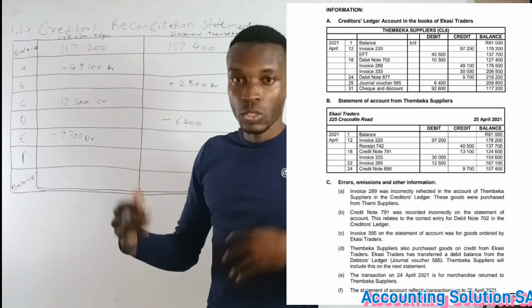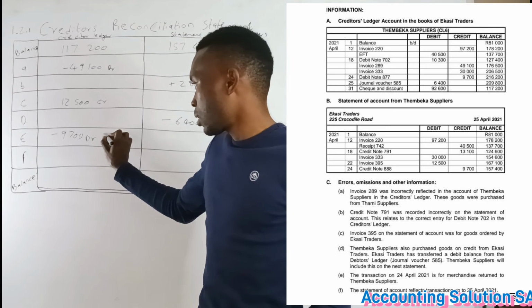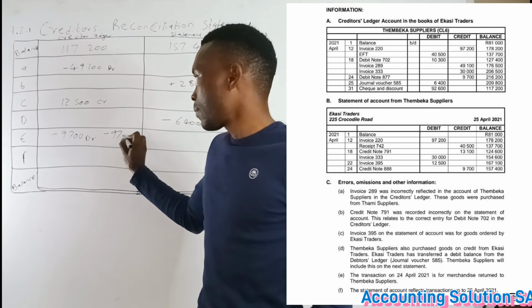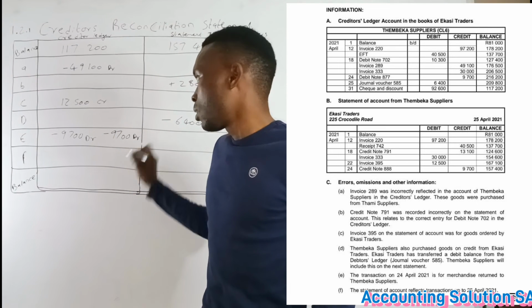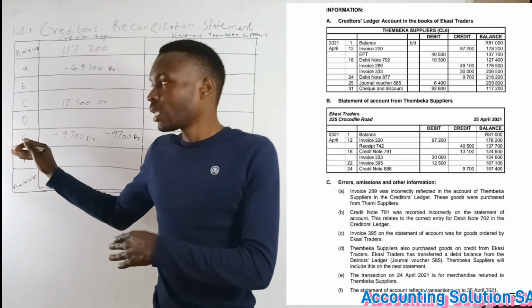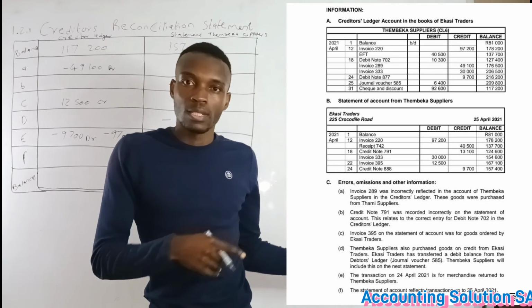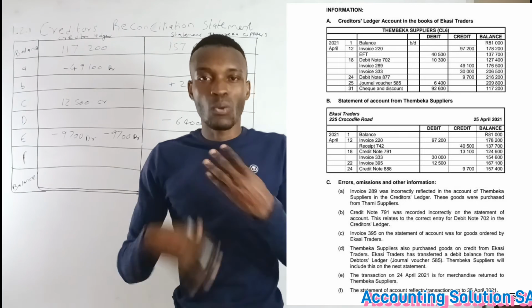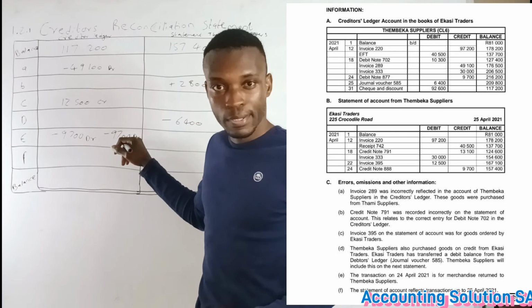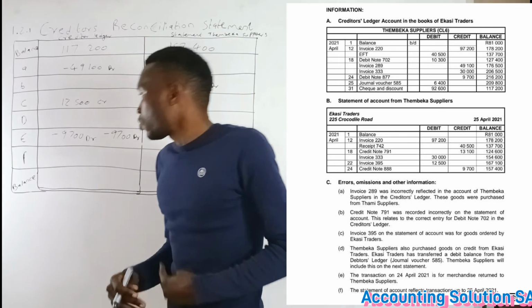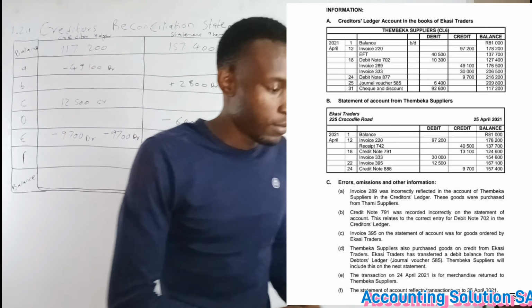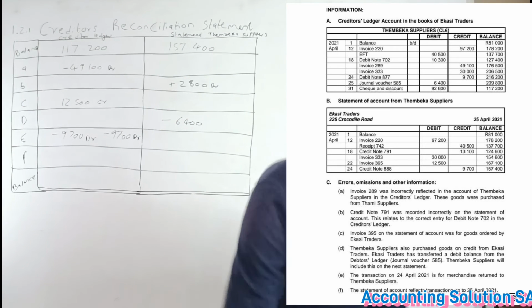Now we have to do the correct one. Minus 9,700 on the debit. The other one is to show the cancellation of the error that we did. Then the second one is to do the correct thing, because it was supposed to be debited. Okay, so now let's go to the last one. Very simple and straightforward, guys.